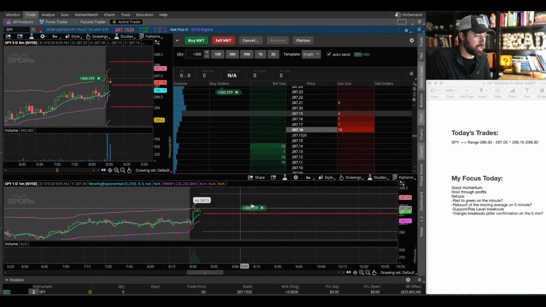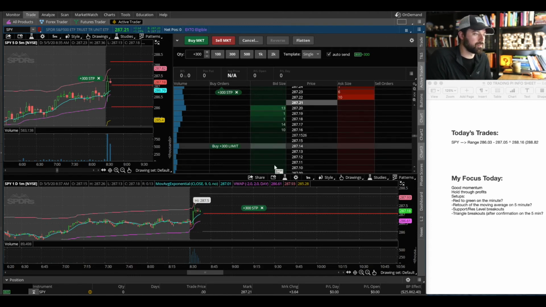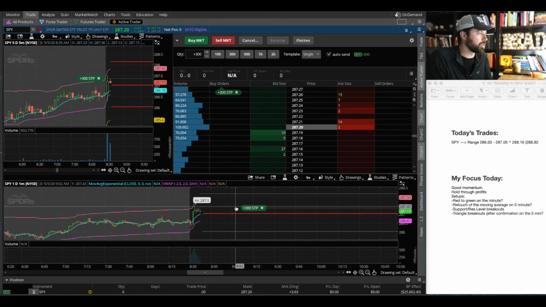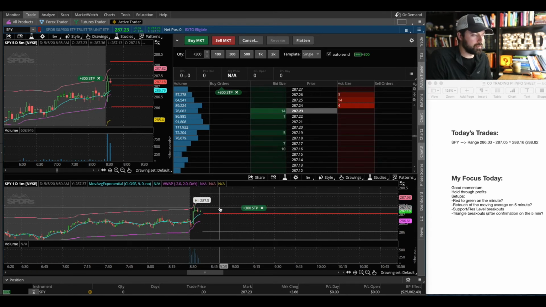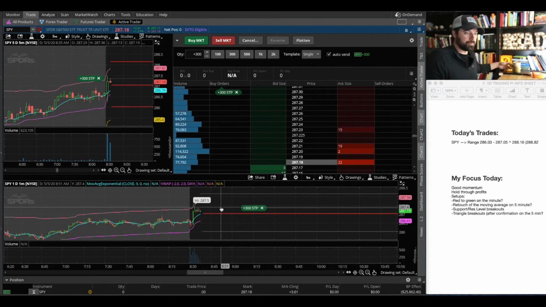We could see this break much higher. And if it breaks down, then we cancel the trade. So I'm being a little more safe here by looking to execute the order up here.